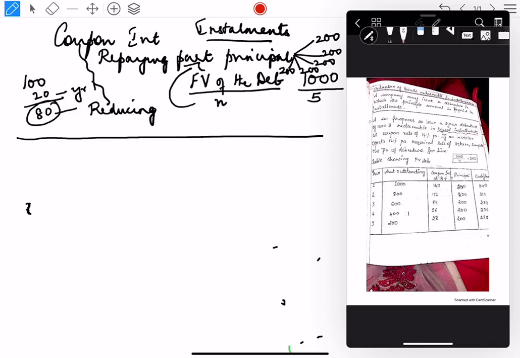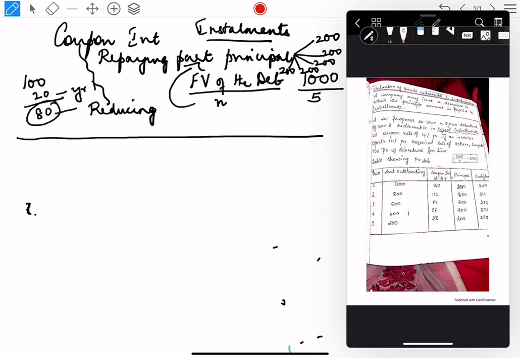Okay. But if you look at year 2, in the second year, the amount outstanding is not 1000, right? Because already 200 rupees from 1000 has gone back to the investor, so the interest calculation will be on the reducing or diminishing balance method. I'm sure all of you remember that.